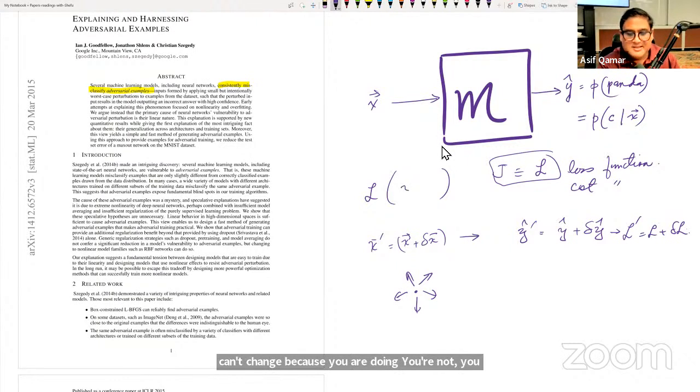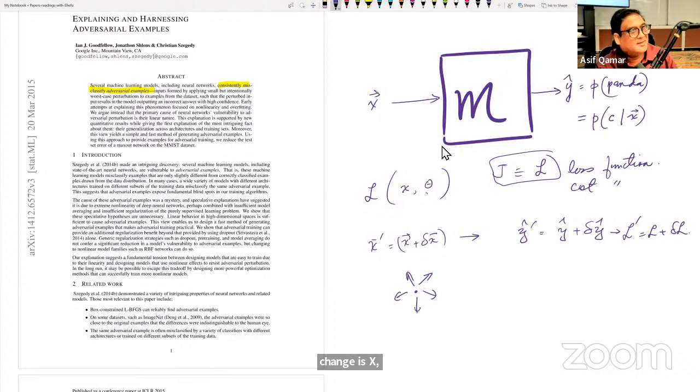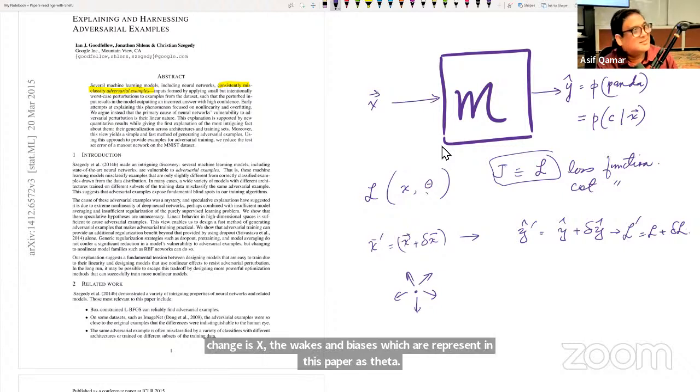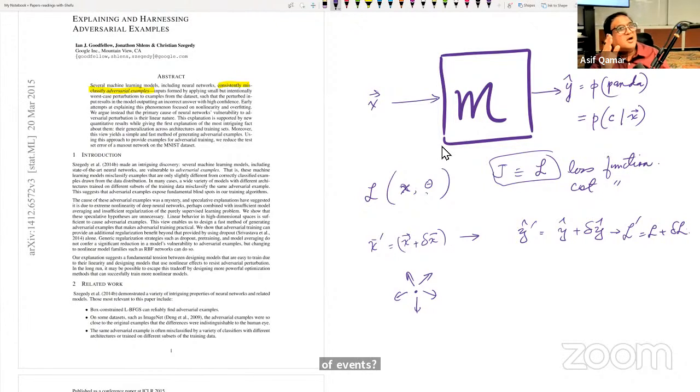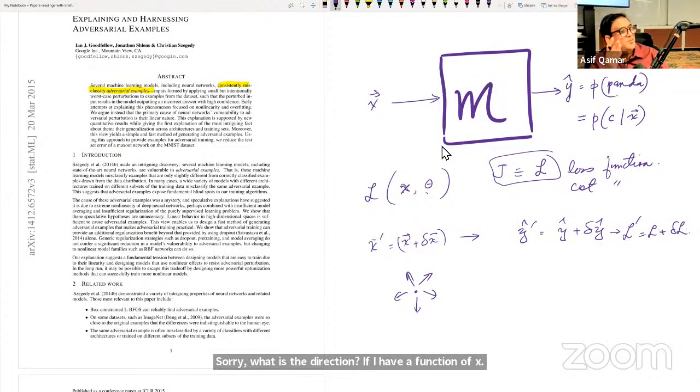So the only thing you can change is X; the weights and biases, which I represent in this paper as theta, you can't change those, but you can change X. What is the direction of maximum change of L, sorry? If I have a function of X, in which direction do I need to go to get the maximum change in that function?